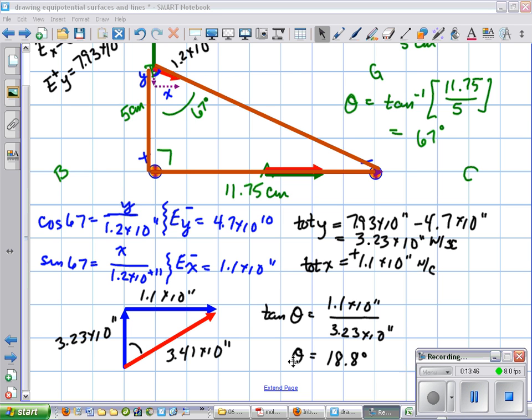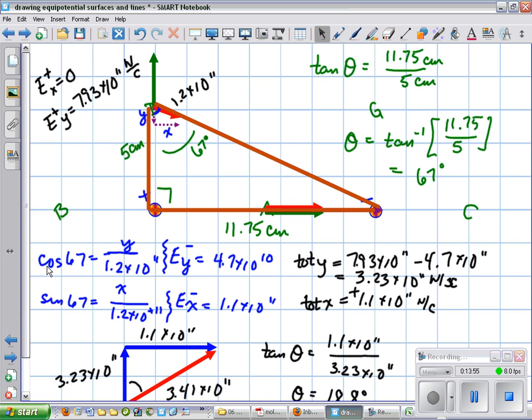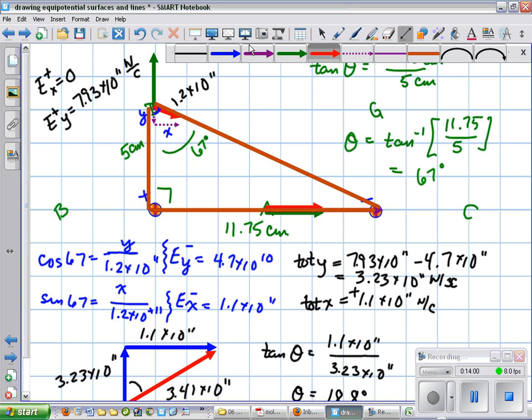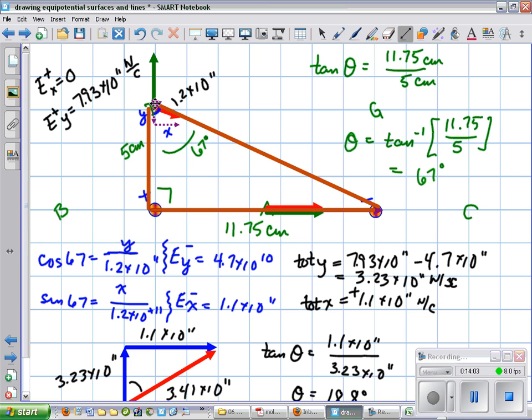Put that in the calculator, inverse tangent of both sides, so I get 18.8, and this red vector indicates the direction and magnitude of my net electric field. So 18 degrees from here, that particular length, that will be the net electric field vector at that particular point above the positive charge, off to the left of the negative charge at that point in space.